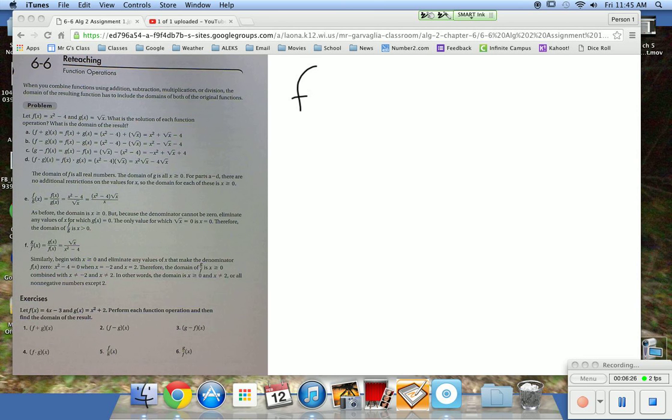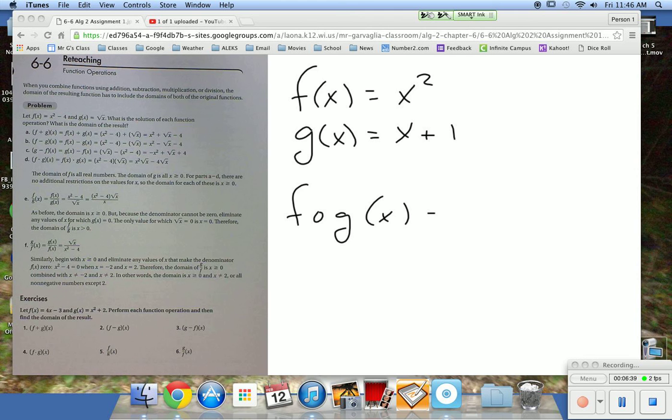If I have, let's say, f of x equals x squared, g of x equals x plus 1, and I want to find f of g of x, this is going to be x plus 1 squared.